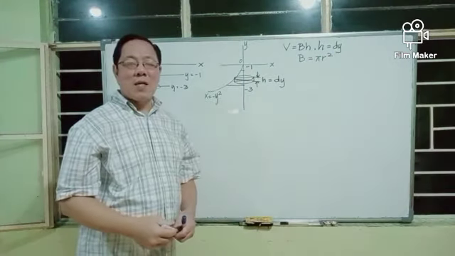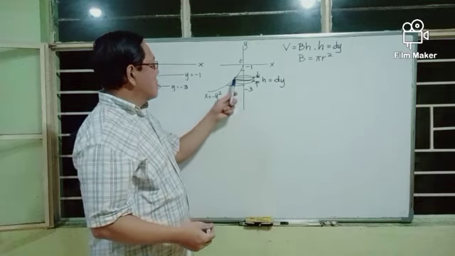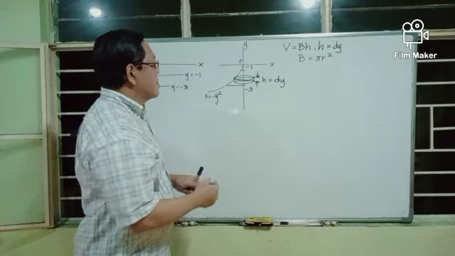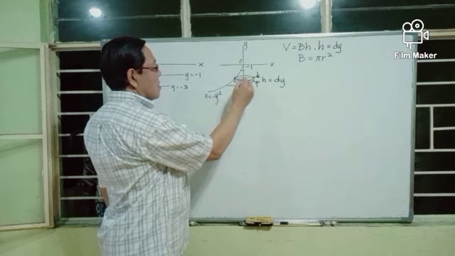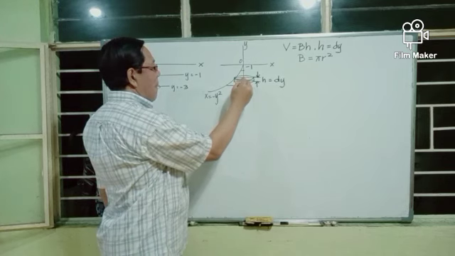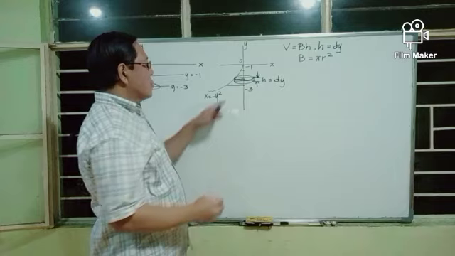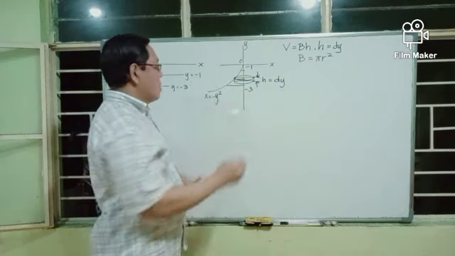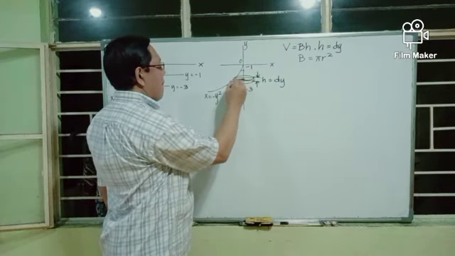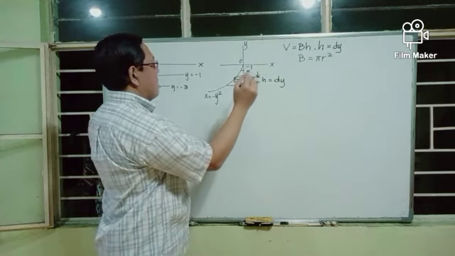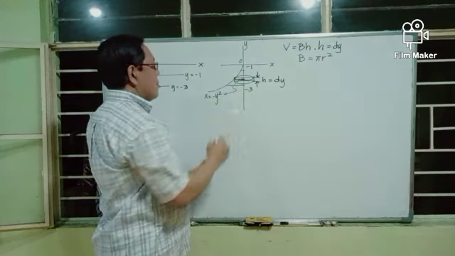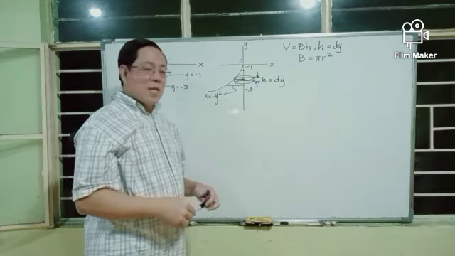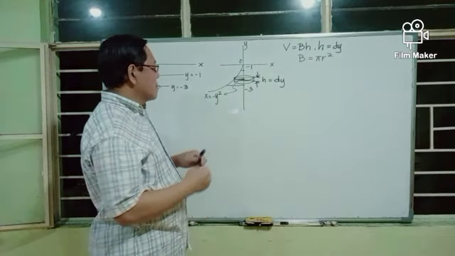Now we have to find the radius of this circular base. The radius is the distance from the center of the circle to this point on the parabola, and that is given by the value of x.